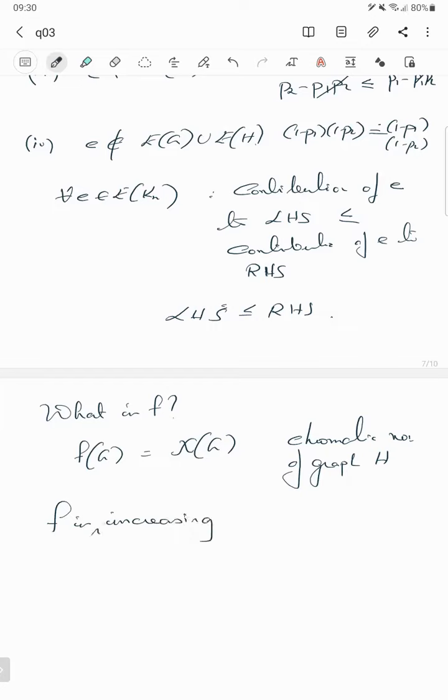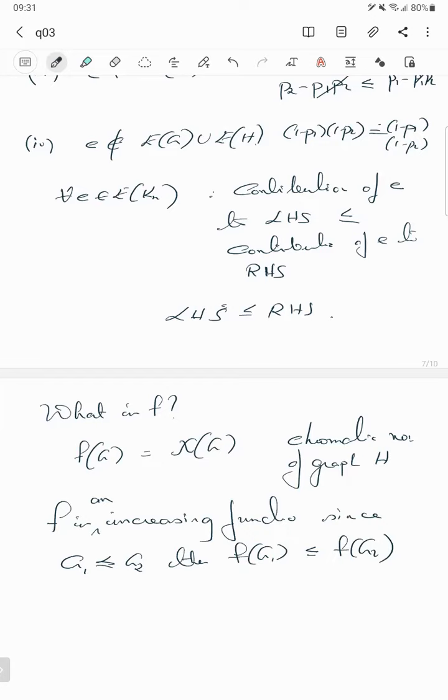Sir, because if we have a graph G and its chromatic number is K, then... Correct. So what you are saying is that if G1 is a subgraph of G2, then the chromatic number of G1 has to be less than or equal to the chromatic number of G2.